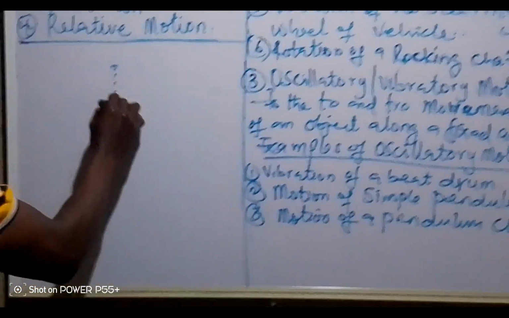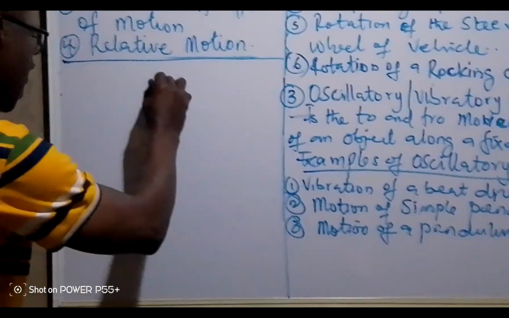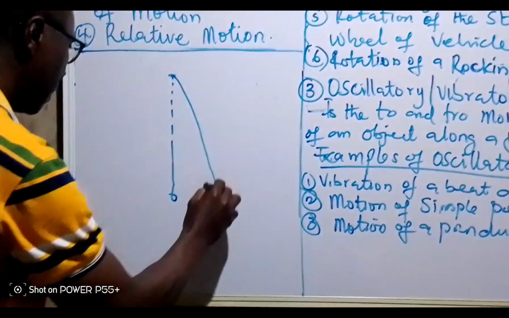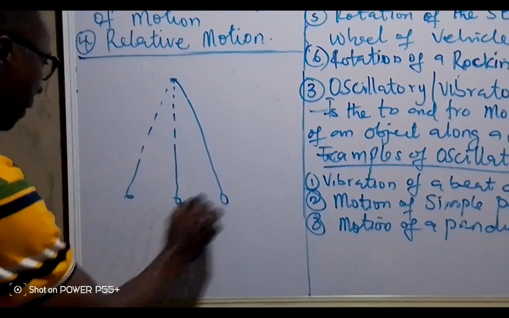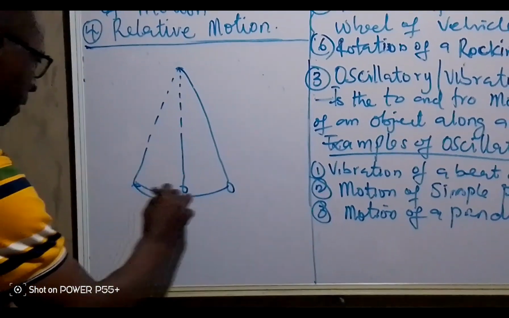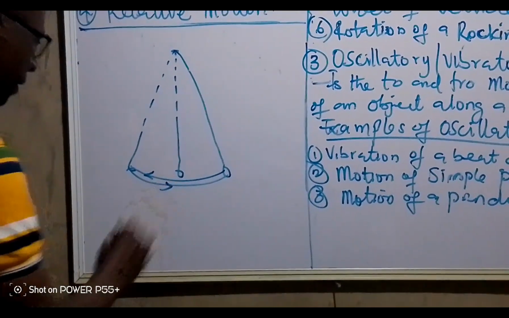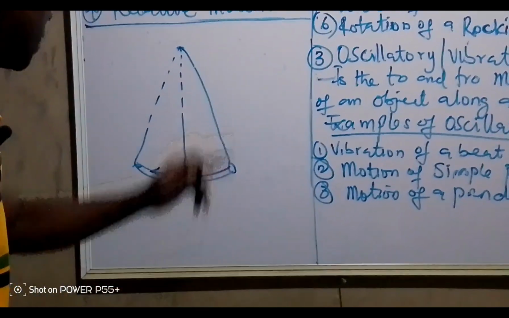Let's say this is the pendulum. When you displace it a little, then definitely it will move to and fro from one side to another, moving like this, coming back, moving like this. So the motion is repeating itself with equal time interval.